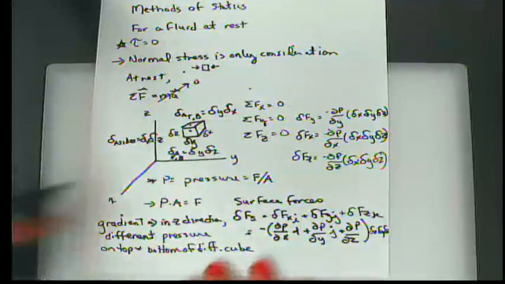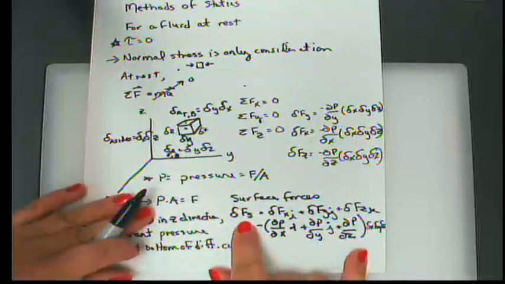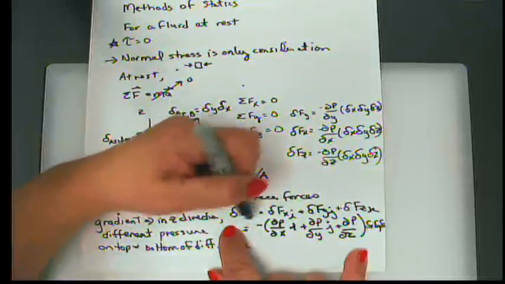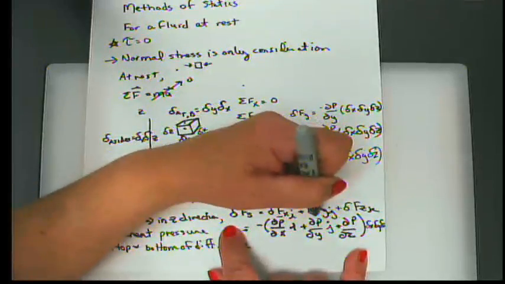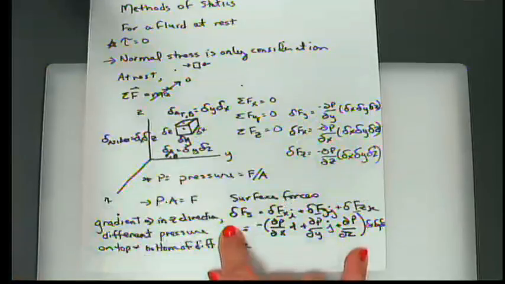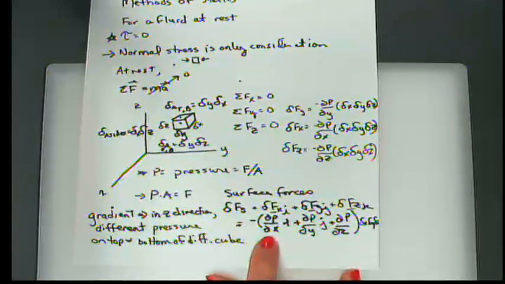And if you look at this particular force, we're talking about a vector force. So we have a change in the x direction, the y direction, and the z direction, and we can write that in terms of the pressure gradients in each of those directions.